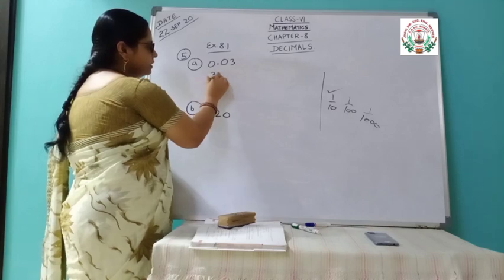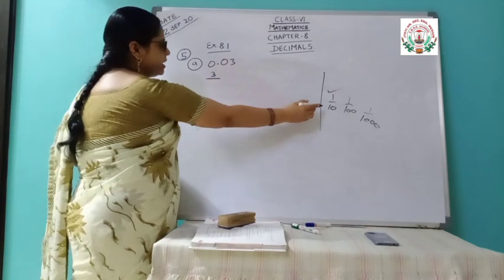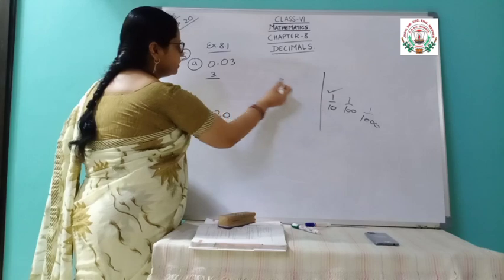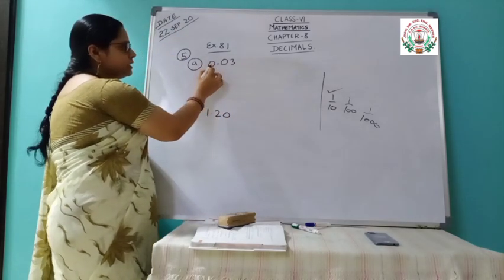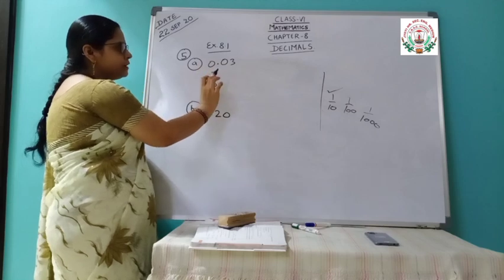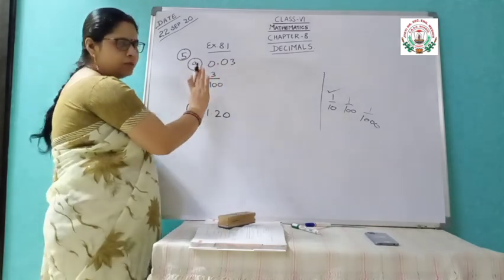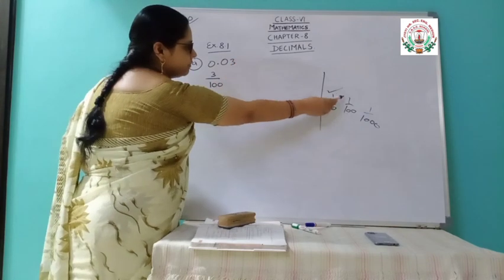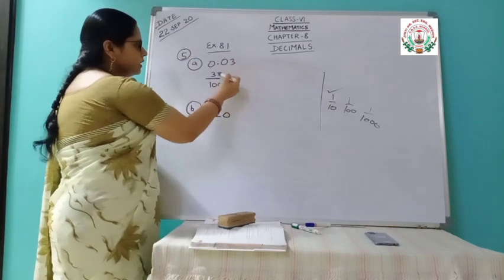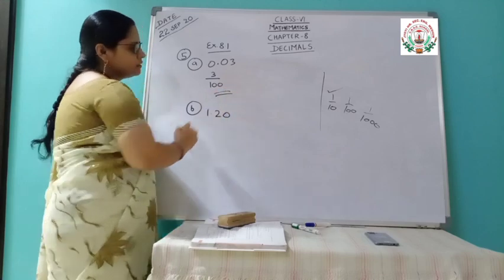So you will write here 3. First part is 1 by 10, second part is 1 by 100. So 3 by 100. Nothing else to do because here is 0, no need to write and show. Fully blank and 3. That is the second digit after decimal. Second digit after decimal is by 100. So 3 by 100. So this is the answer.